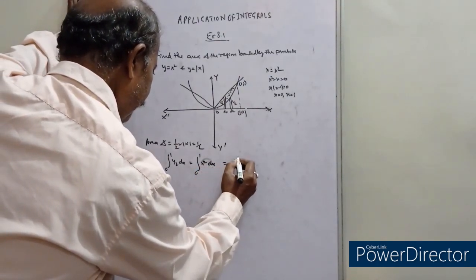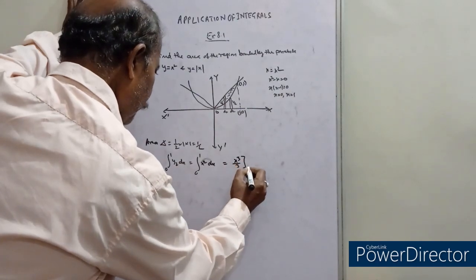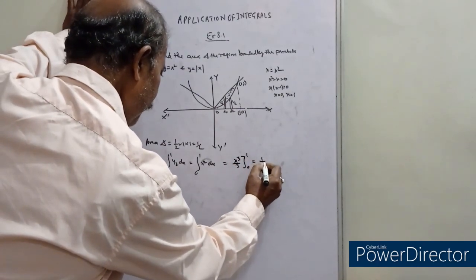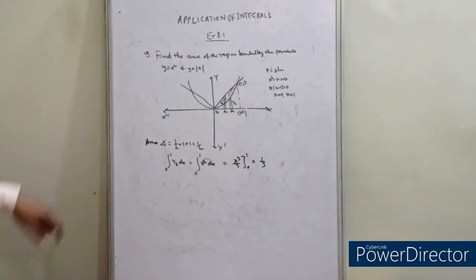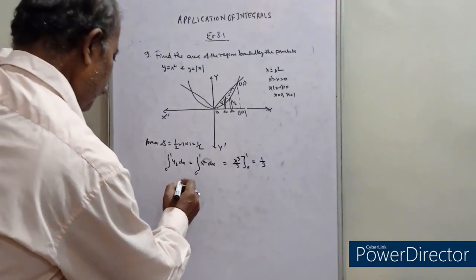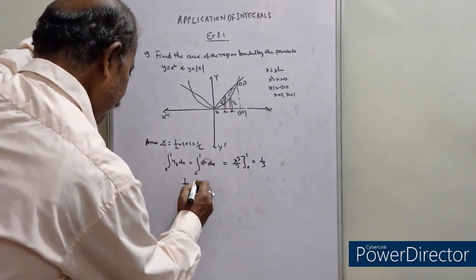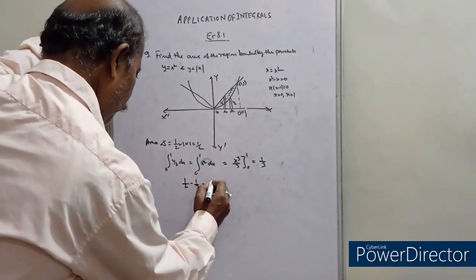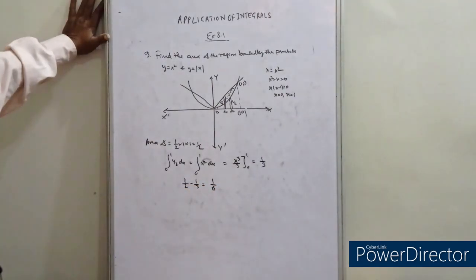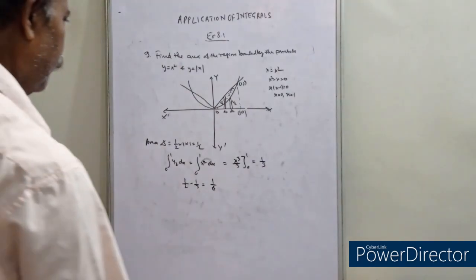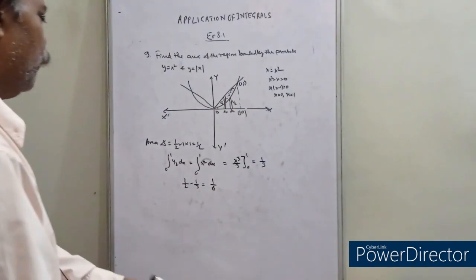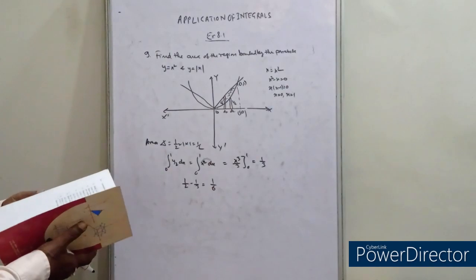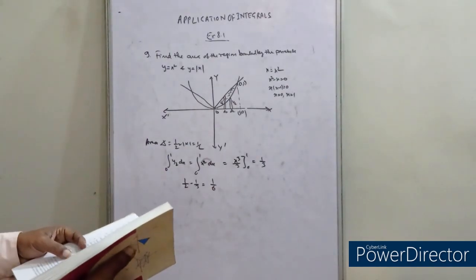So this will be x cubed by 3, from 0 to 1, that will be 1 by 3. So now 1 by 2 minus 1 by 3 will be equal to 1 by 6. So this into 2, that means 1 by 3. This will be your answer.